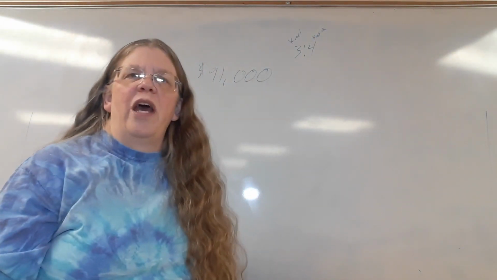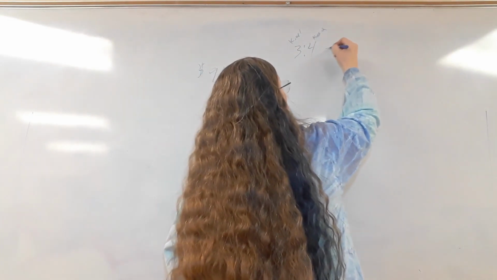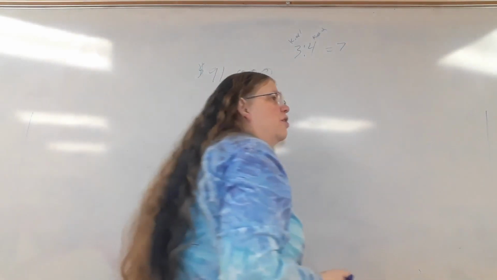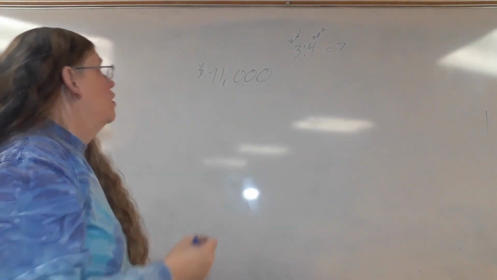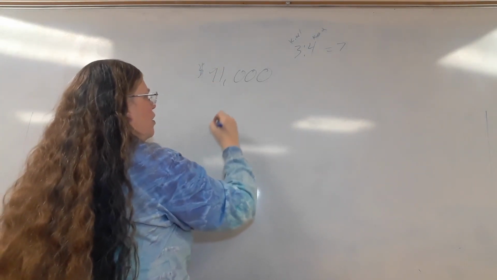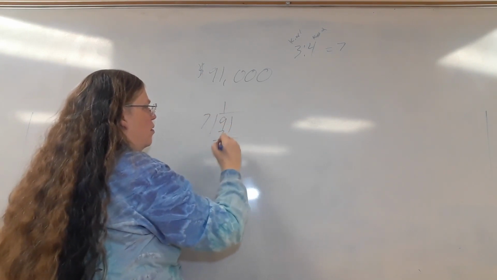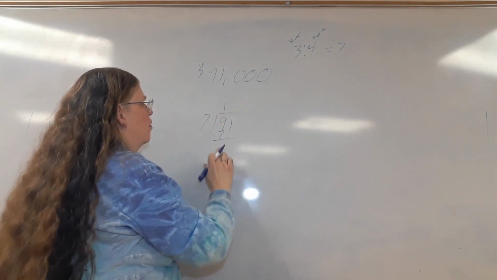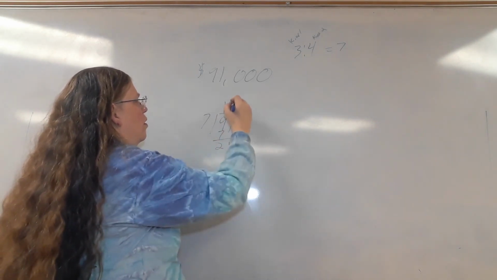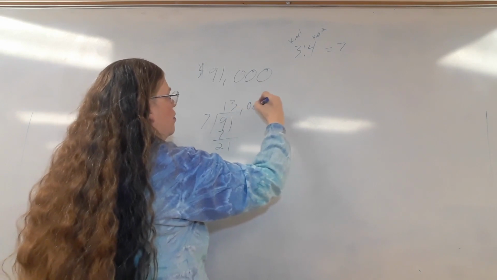How much do each of them get? Well, 3 plus 4, 7 total shares. So we divide 91,000 by 7. 91 divided by 7 is 13. So each share is 13,000.